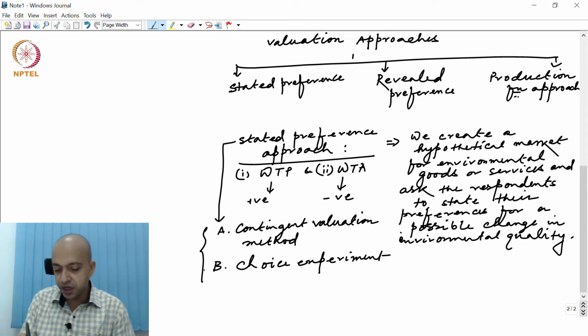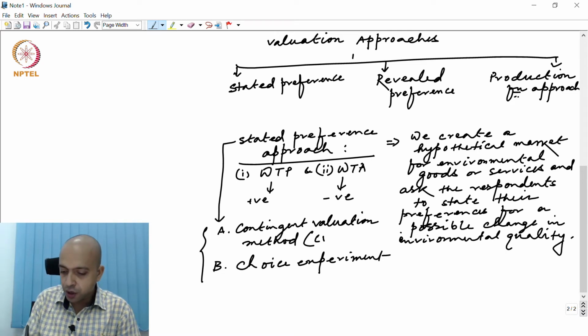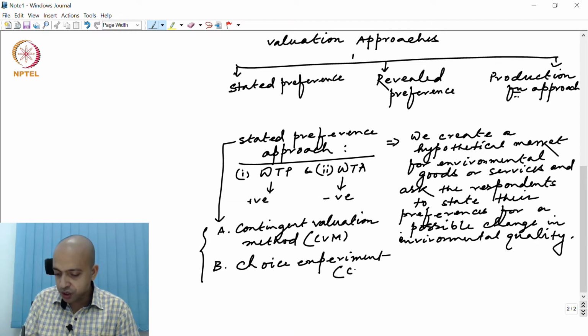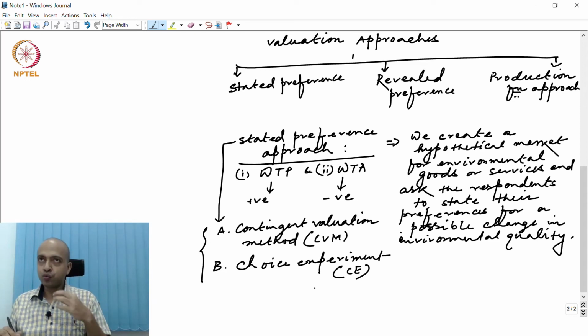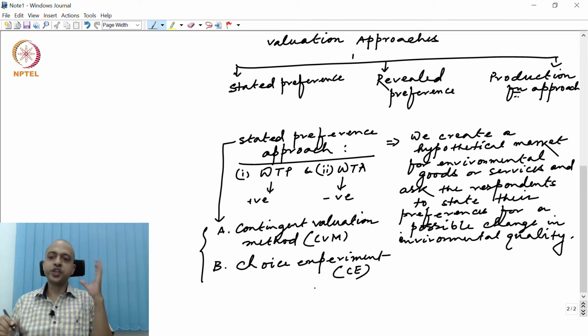Contingent valuation method, in short this is called CVM, and this is called choice experiment, CE. We'll discuss in detail the different steps of contingent valuation method, then how to estimate willingness to pay or accept through this contingent valuation method, what are the limitations of contingent valuation method, and then we will talk about choice experiment.